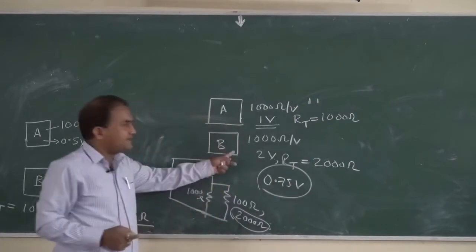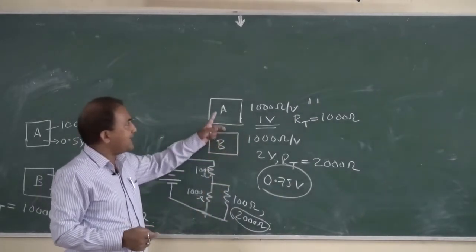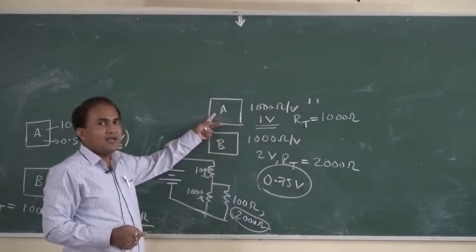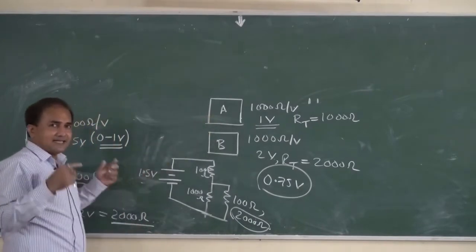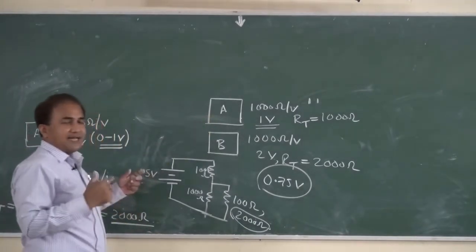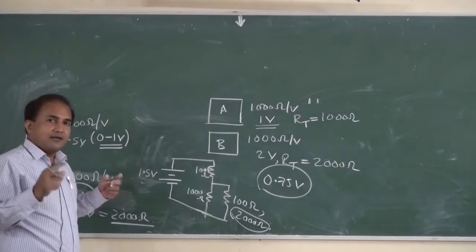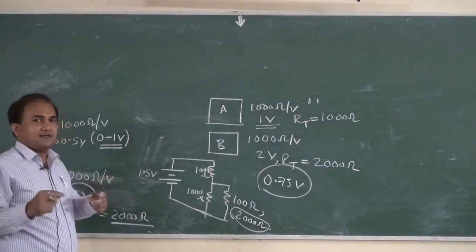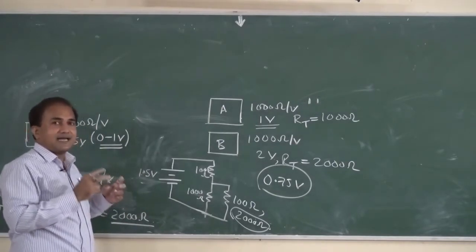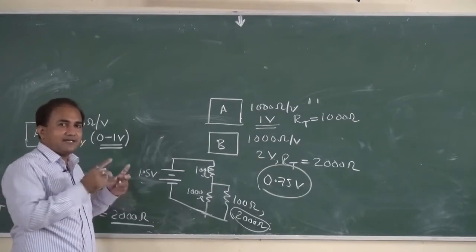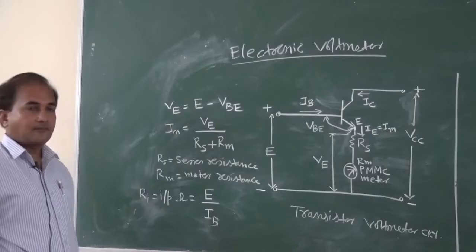So the accuracy of this meter will be higher as compared to this meter. So we can see that the sensitivity of the meter plays a vital role in any meter for the measurement. Accuracy is directly proportional to the sensitivity of the meter.